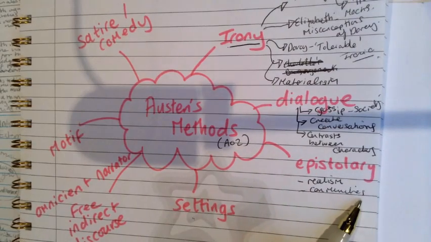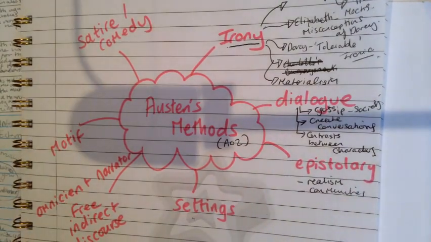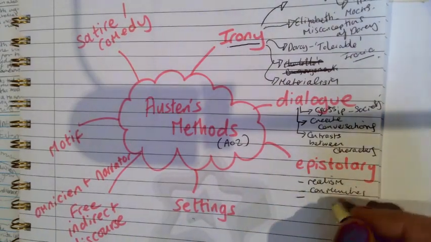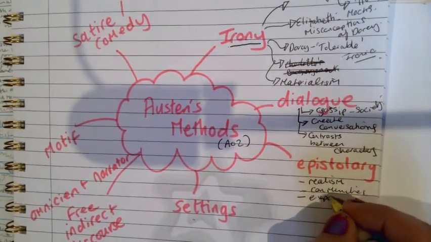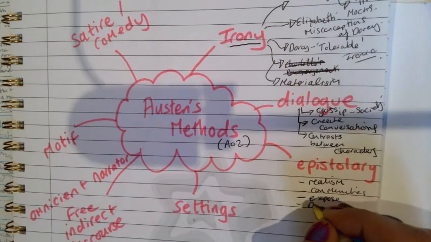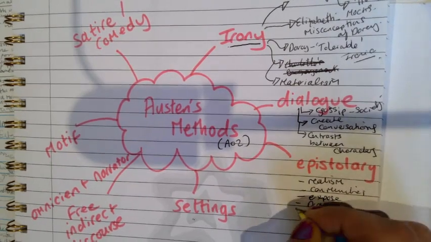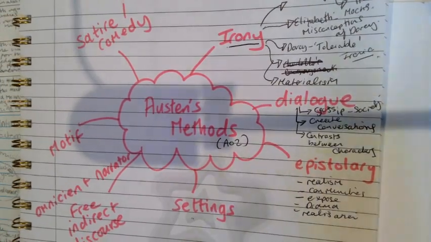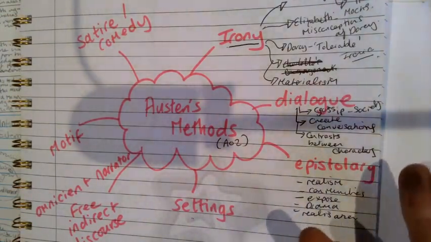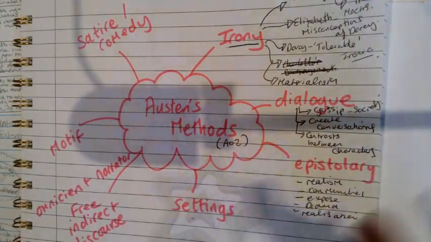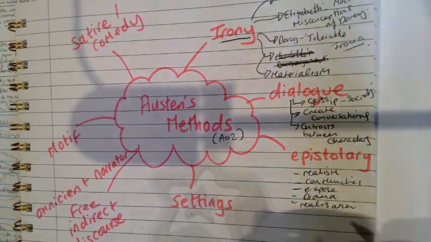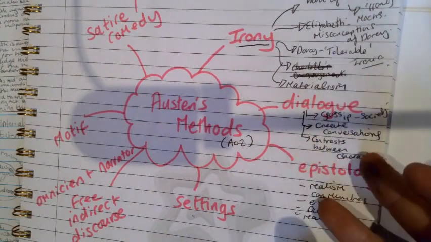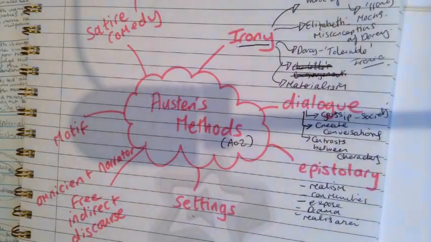That's how they communicated at the time. Letters are used to expose certain events, to create drama, for character realization. So they might discover something that helps drive the plot along. So think about this use of epistolary form as one of Austen's methods.